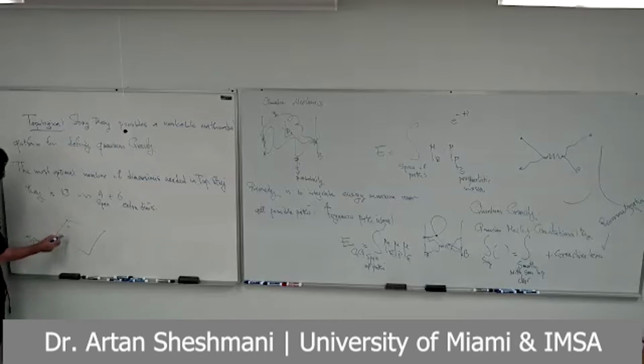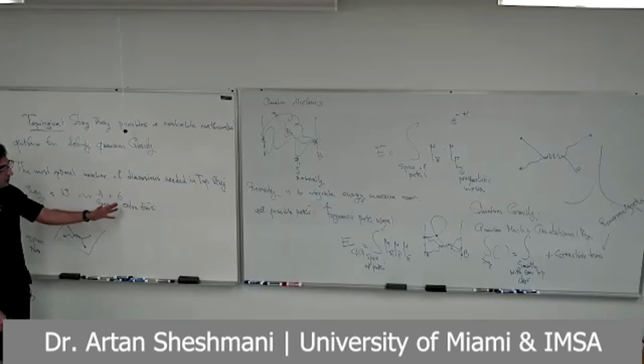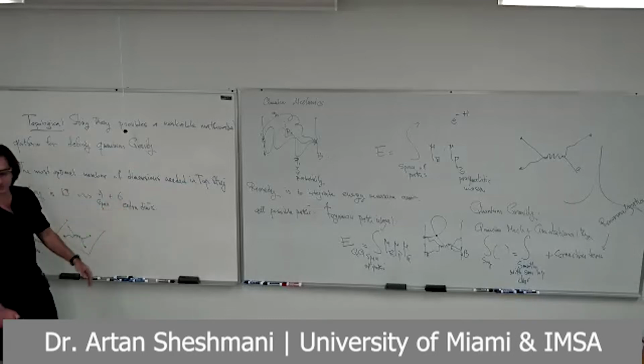We have quantum particles interacting with each other and coming together, exactly like how Feynman was telling us. So they make these paths, we can integrate over all possible paths and calculate the energy of the system. Okay? But now, in topological string theory, we need to really extend the space to extra dimensions.